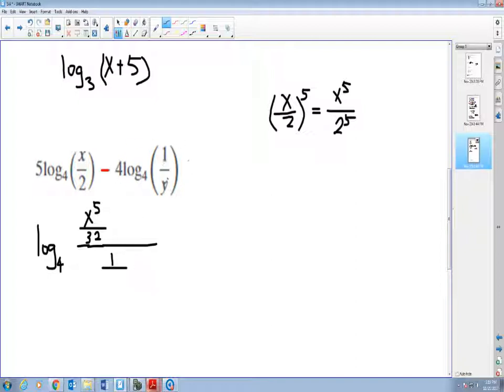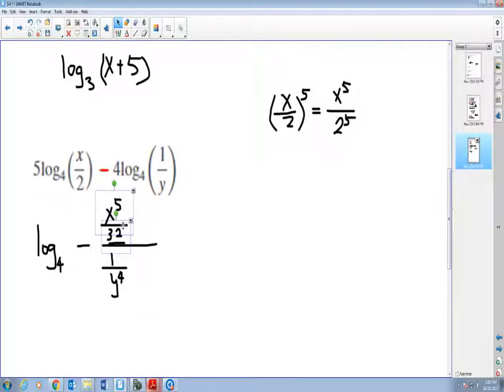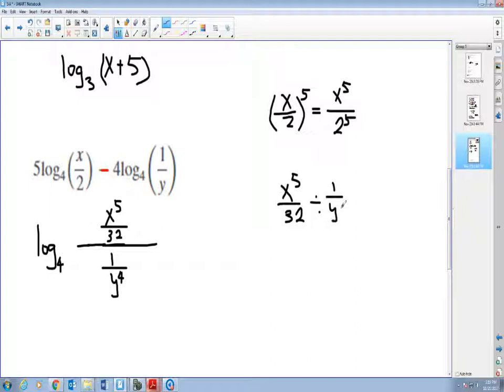Once this hops up, power rule, that will be 1 to the 4th is 1 over y to the 4th. Now to continue to simplify, remember this is taking the top divided by the bottom. So I take the x to the 5th on top over 32 divided by 1 over y to the 4. Division of a fraction tells me I will times the reciprocal.